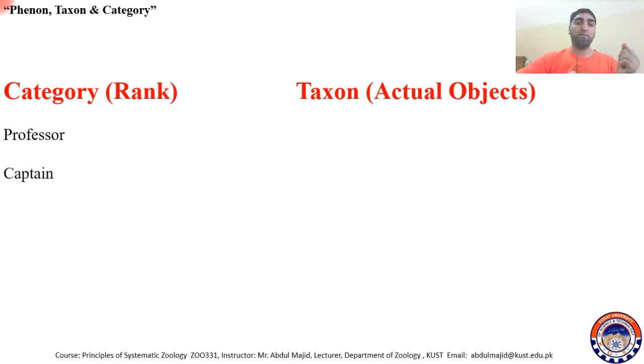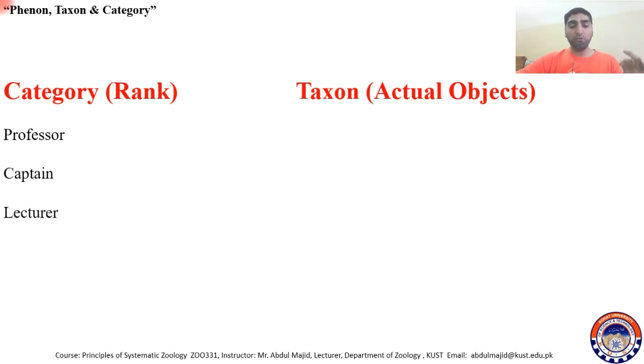Or, for example, if I tell you that I have a friend in the army who is a captain, it gives you the rank: a captain is the third rank, after second lieutenant and lieutenant. But you don't know who the actual person is.